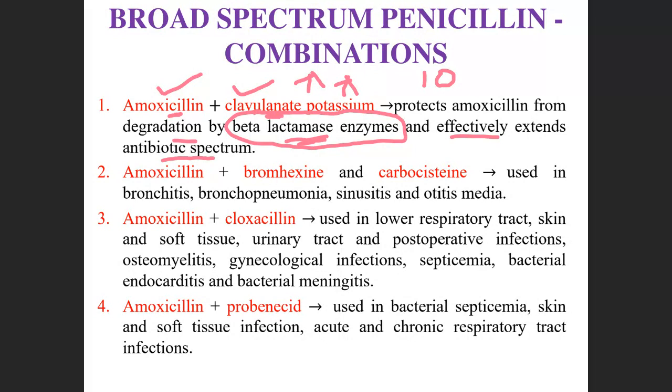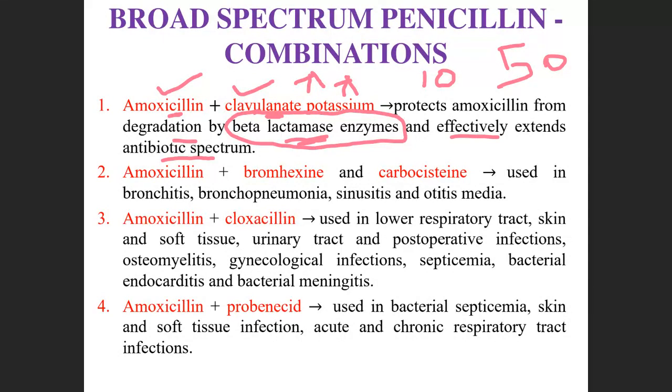But when we give the combination, it may kill, say, 50 bacteria. So the activity by which the drug shows its effect is increased. That is the potentiation or synergism effect, meaning increasing the effect of a drug by combining it with another.